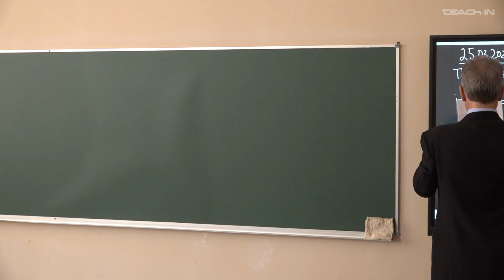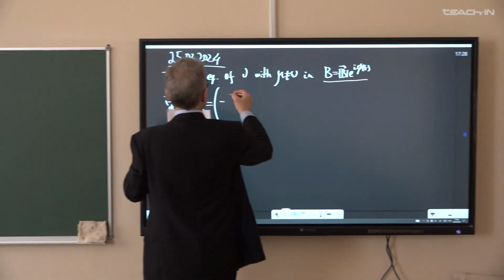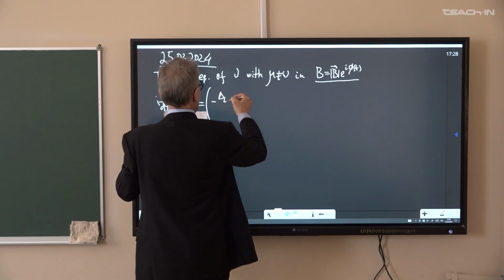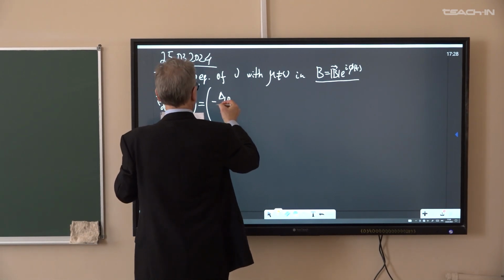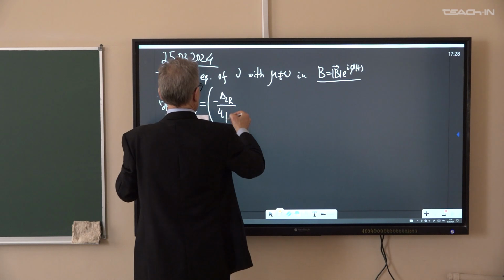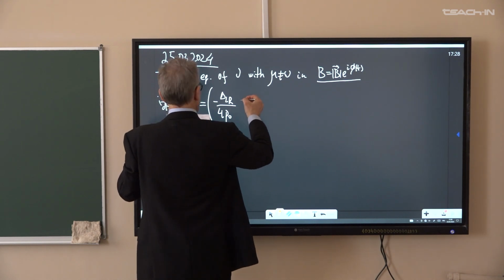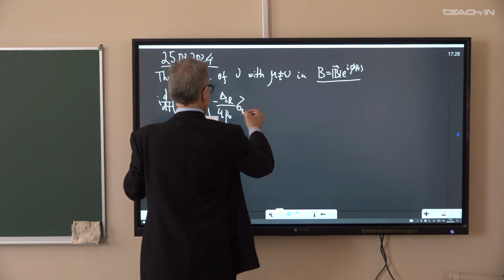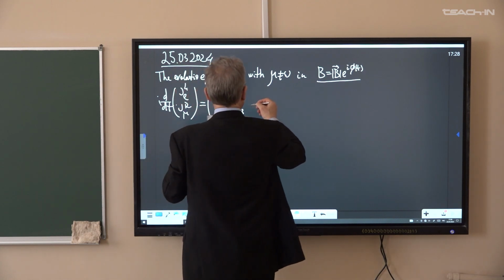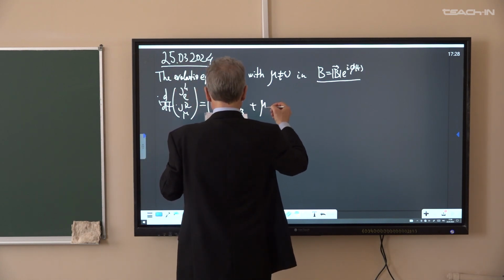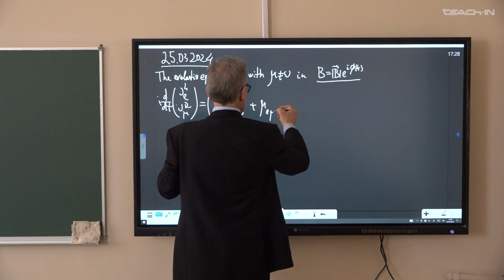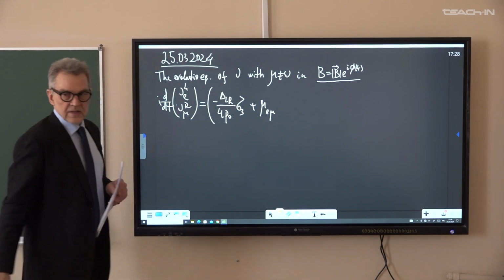So here is minus delta LR, I just recall what it is, divided by 4 neutrino energies, sigma 3, this is Pauli matrix, plus the effective magnetic moment in the flavor basis.